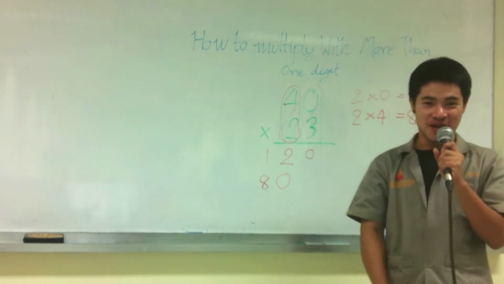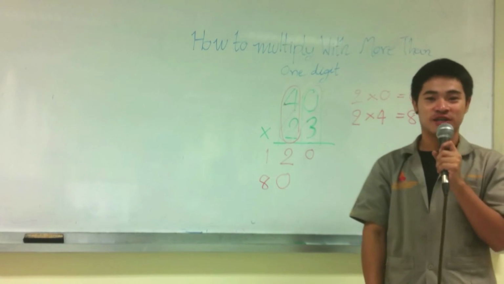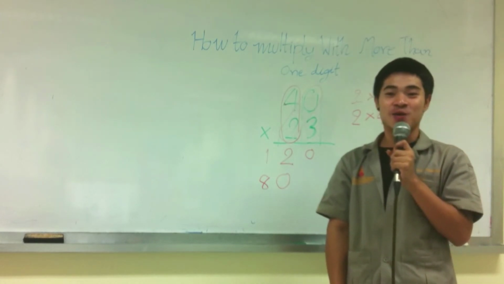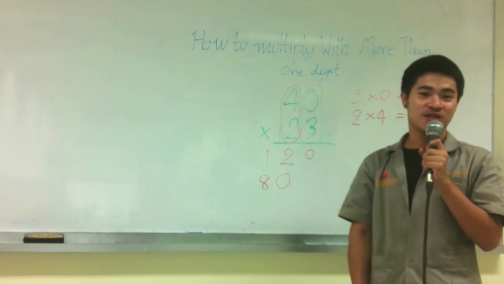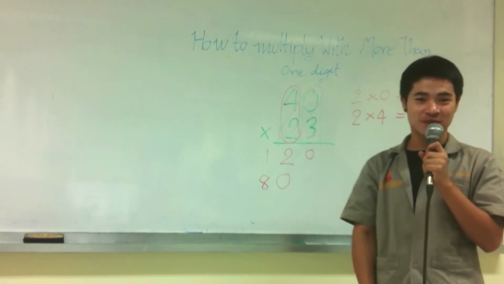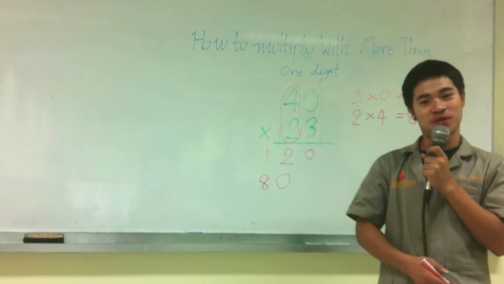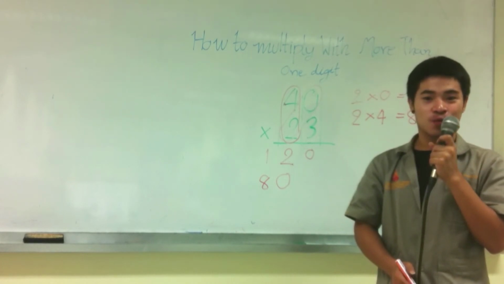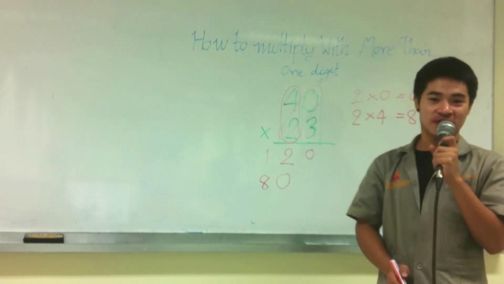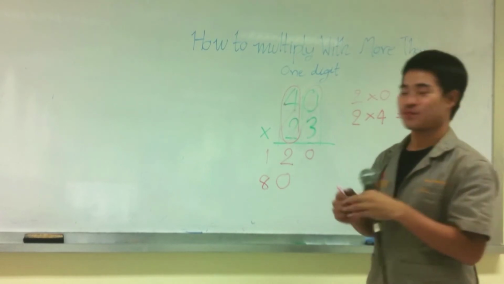Now add these numbers up. Here is where the importance of keeping your numbers and digits in line comes into play. According to our example, when you add the numbers up, you will be left with an answer of 920.